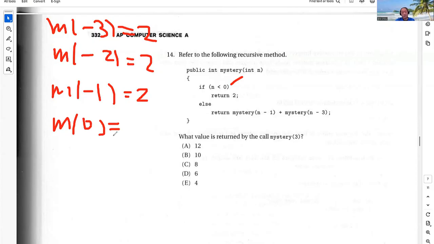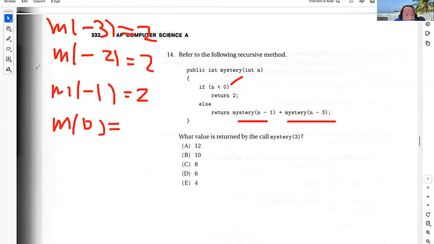What is m0? Oh, -1 plus -3. So what is the result?